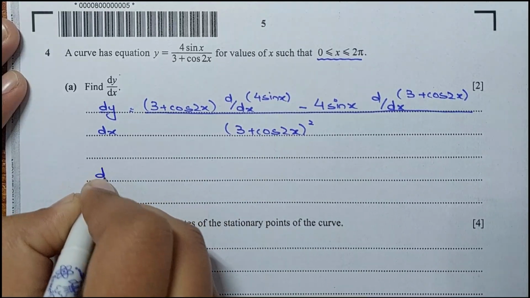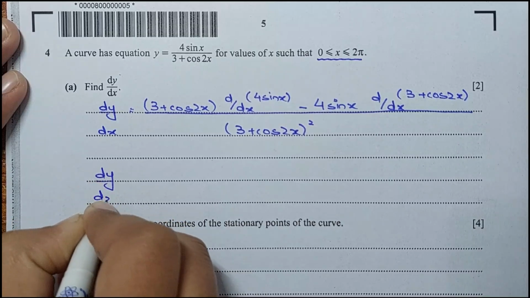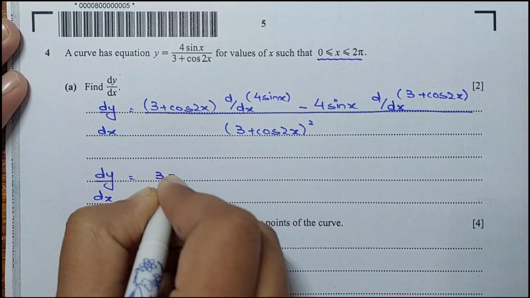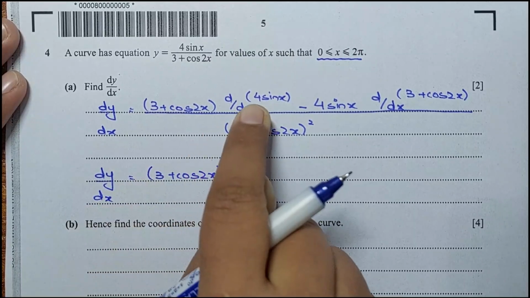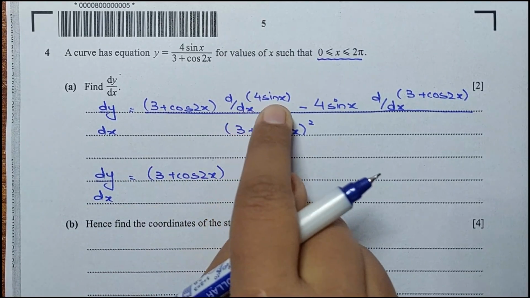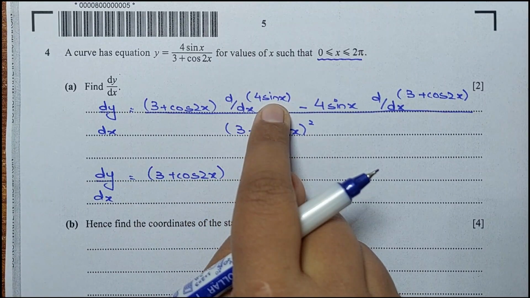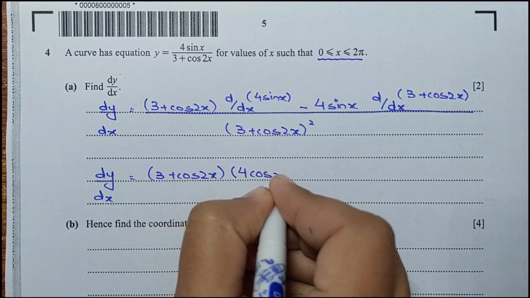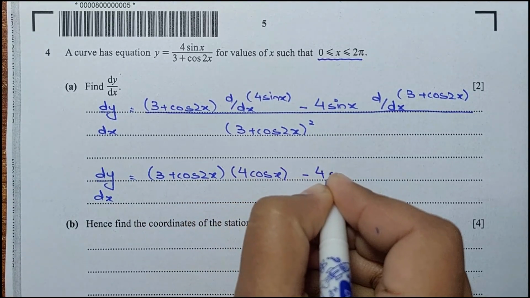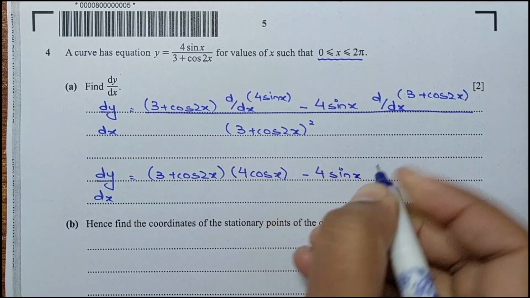Okay, now dy over dx becomes 3 plus cos 2x as it is. 4 is a constant number and sin x derivative is cos x. So 4 cos x, minus 4 sin x as it is.